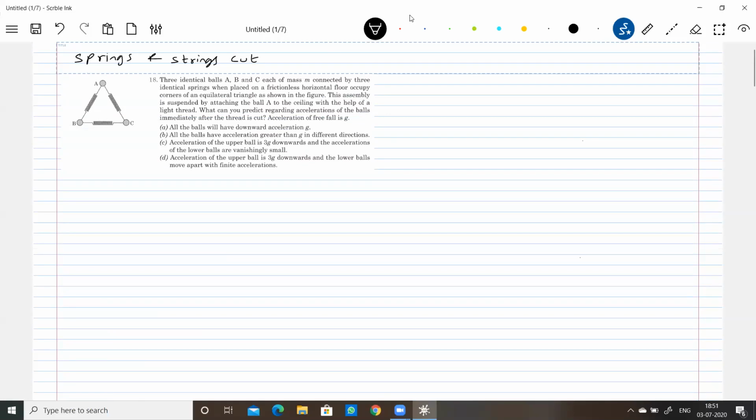So here I think the diagram, 3 identical balls, each of mass m. I think we have to draw the diagram.